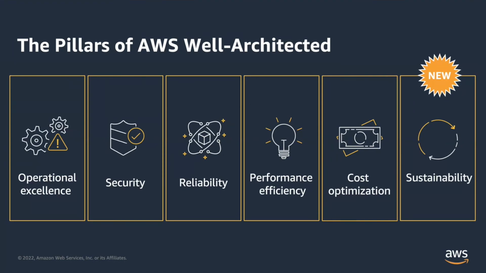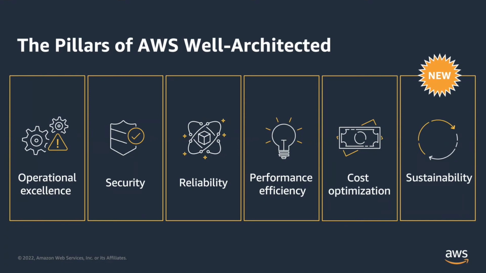Performance efficiency. So are you using your compute resources efficiently to meet system requirements, and making sure that as technologies evolve and as your system requirements change, you're still maintaining that efficiency. Then cost optimization, which is eliminating unneeded costs.